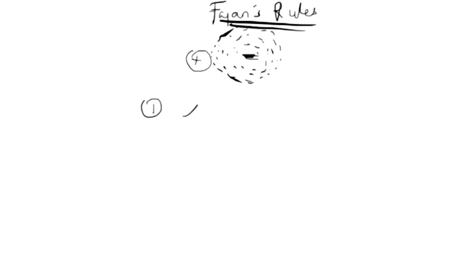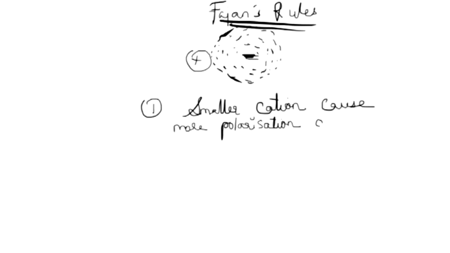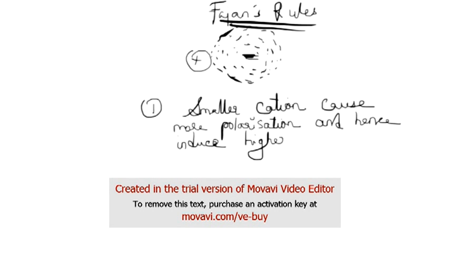Therefore we say smaller cations cause more polarization and hence induce higher covalency.